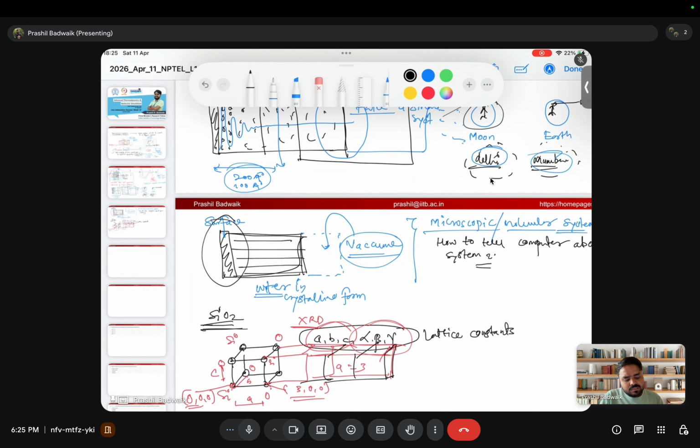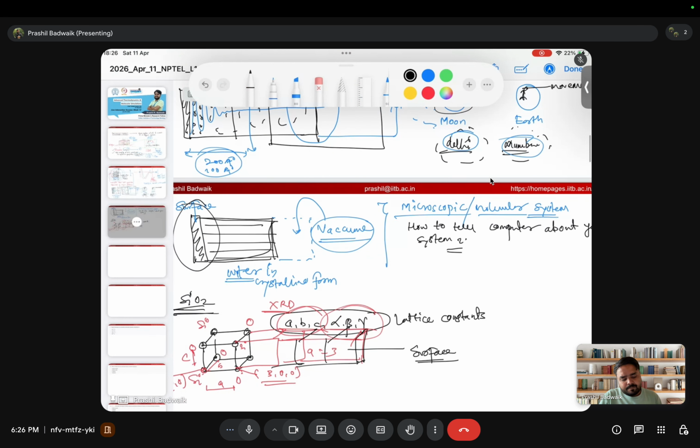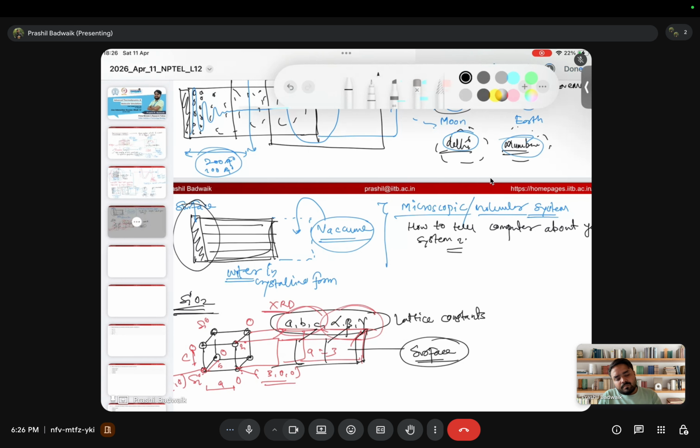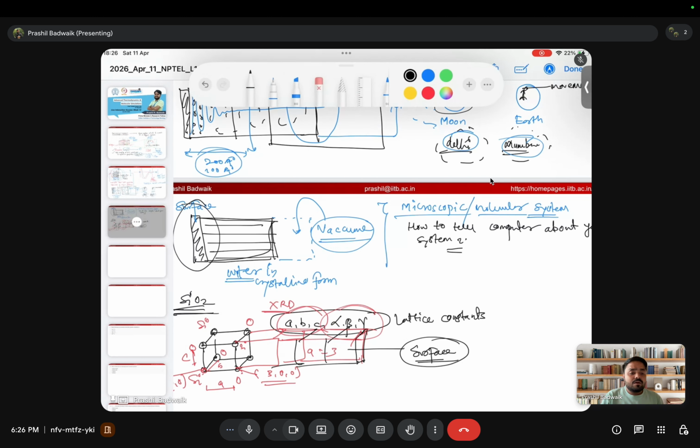to get a surface. So the surface can be obtained by repeating the unit cell.